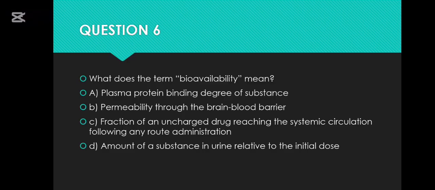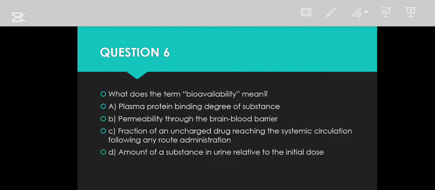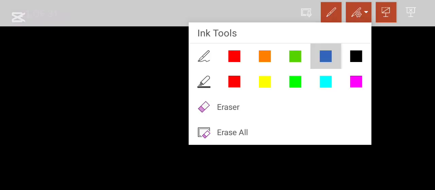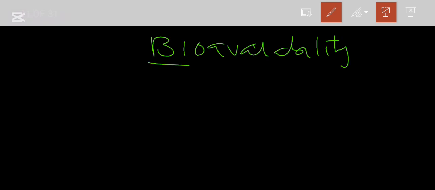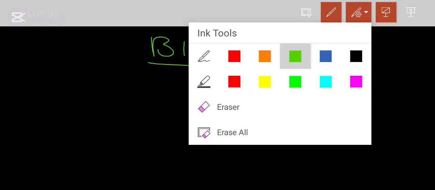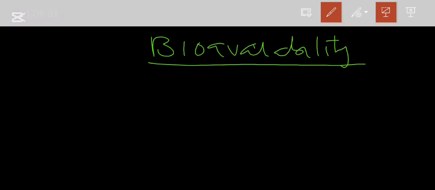Question 6 reads, what does the term bioavailability mean? So now, before this, let me just bring out the concept for bioavailability. What do we mean by the term bioavailability?